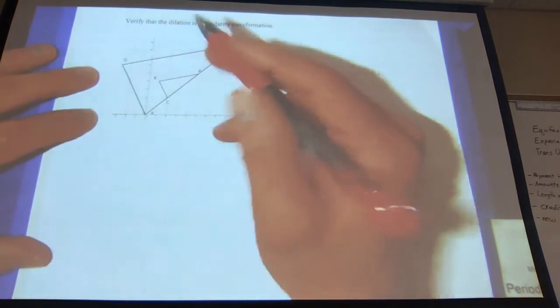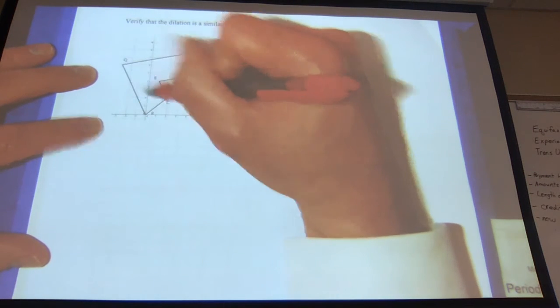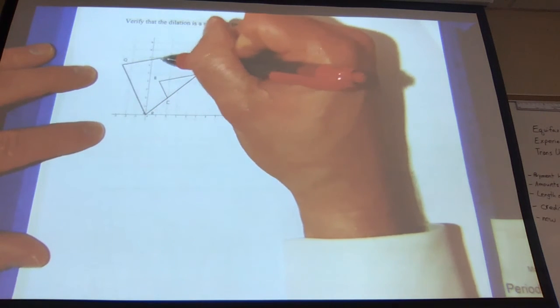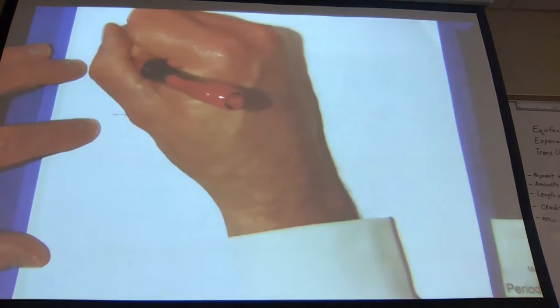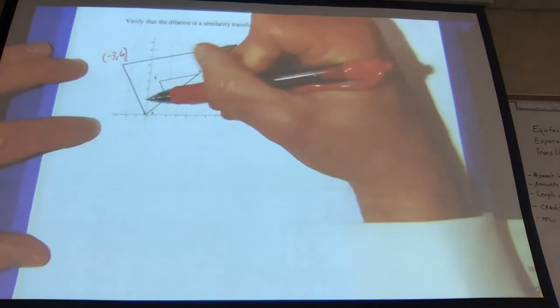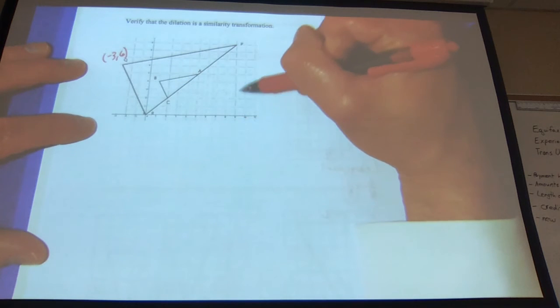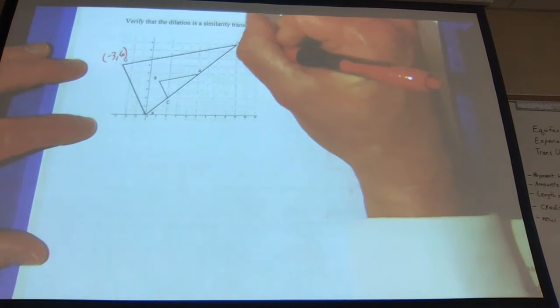We have to name all these points. Point Q is at -3, 6. Point P way over here is at 9, 9.